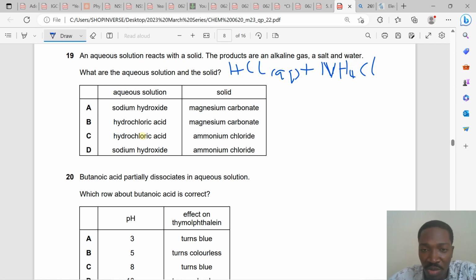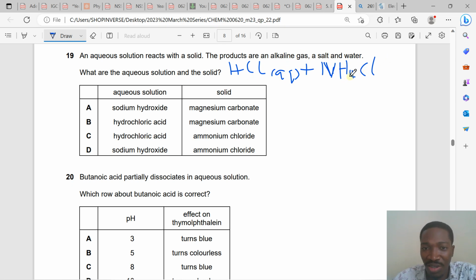So what would this produce? HCl, Cl, chlorine. Will there be any reaction here? Or will it be forming HCl and ammonia gas? It must produce an alkaline gas, a salt, and water. Will there be any reaction here?